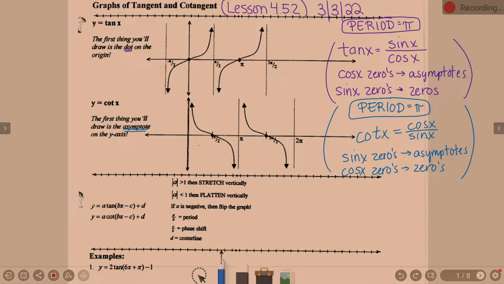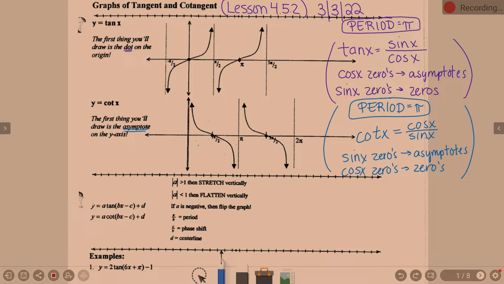And if your amplitude value is a number bigger than 1, then that's going to stretch it up and pull it away from the x-axis quicker. I'll show that when we graph some of these examples, probably tomorrow, and explain how that works and how you should show it on your graph.